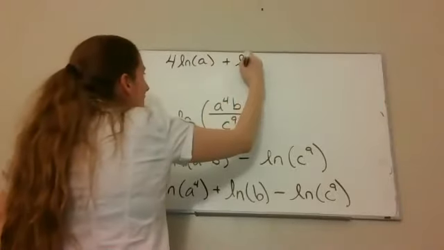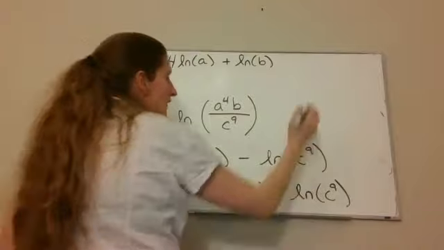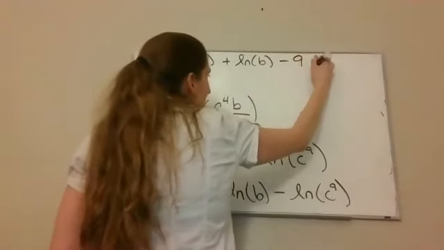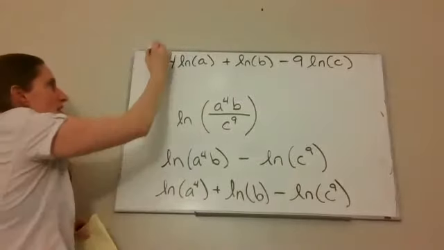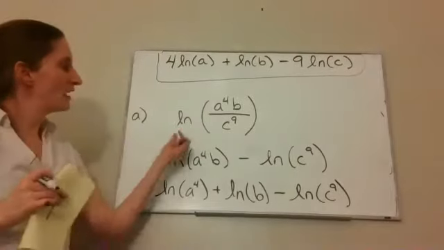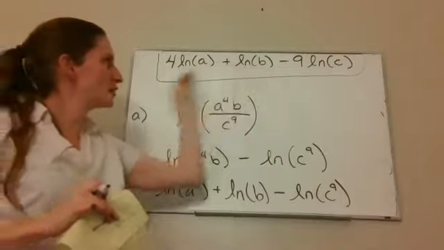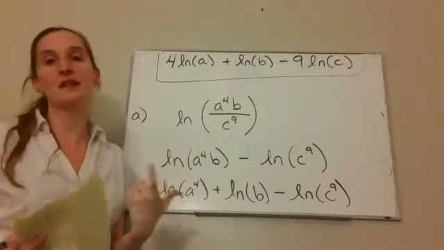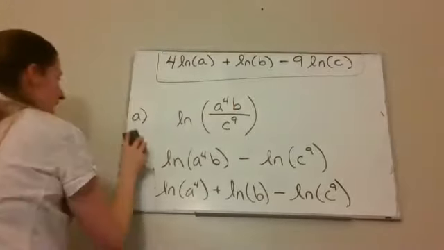I still have my natural log of b. And then for this natural log of c to the 9th, the 9 gets to come down in front, and I get minus 9 natural log of c. And so I took this natural log of something very complicated and wrote it as a sum or difference of logarithms with easier inputs. Let's do another one like that.